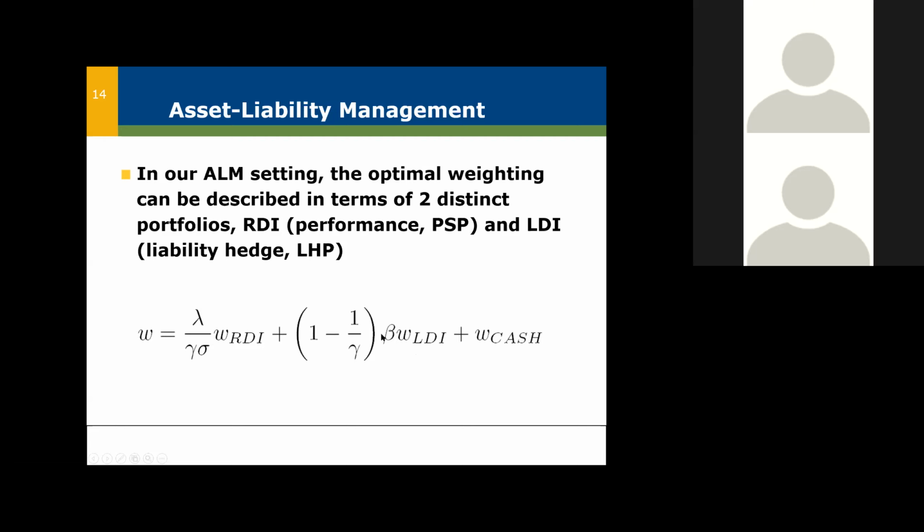Actually, I think I've got it flipped upside down in this example, because I know I want the beta to be 2. If I have a $100 liability of 30-year duration, I'm going to want to buy $200 worth of 15-year duration bonds.